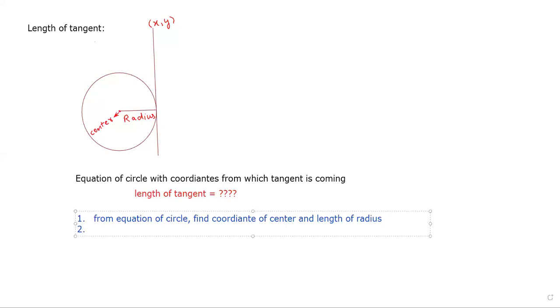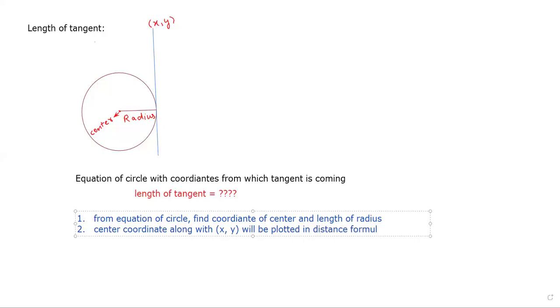Now, after that, secondly, the center coordinate, which is this one, along with the x, y coordinate from which the tangent is coming, will be plotted in the distance formula.